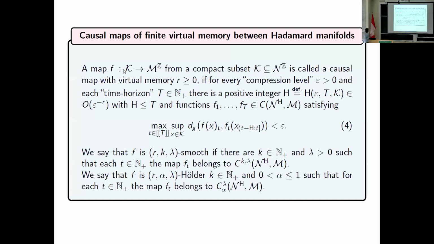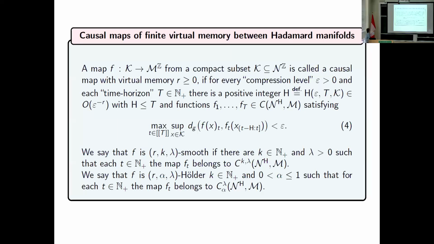So again, we take a map F. Since we have to provide a universal approximation result, this capital K is a compact, okay? And this function F is a causal map with a virtual memory R if it satisfies the following technical conditions.